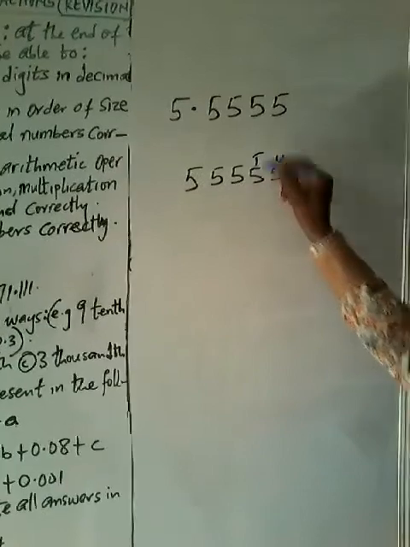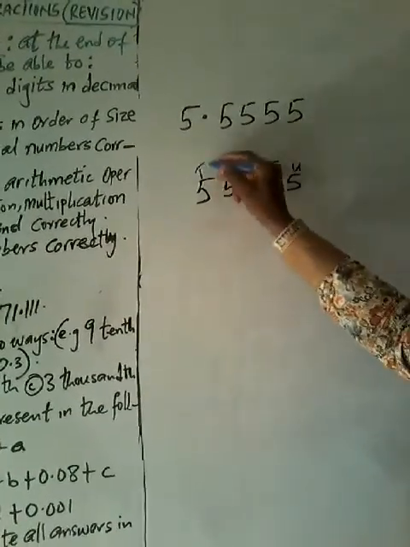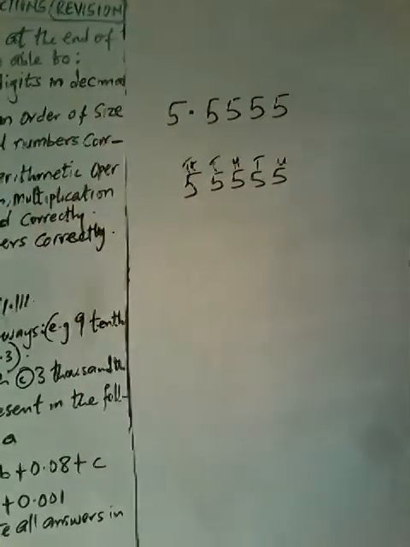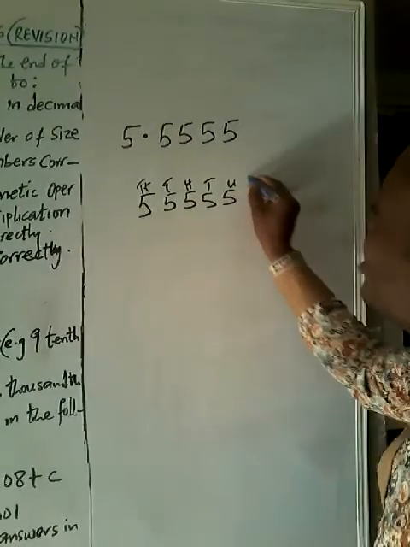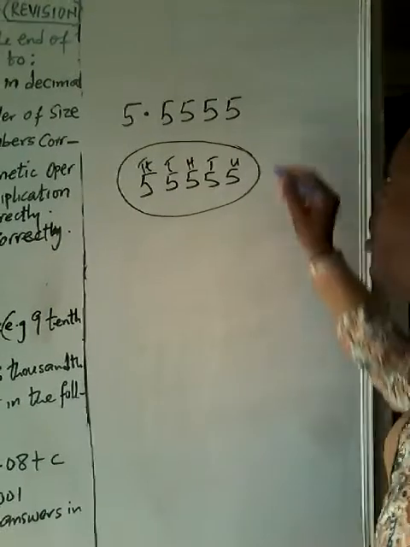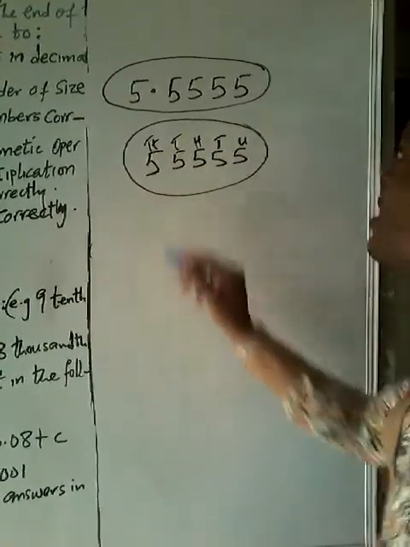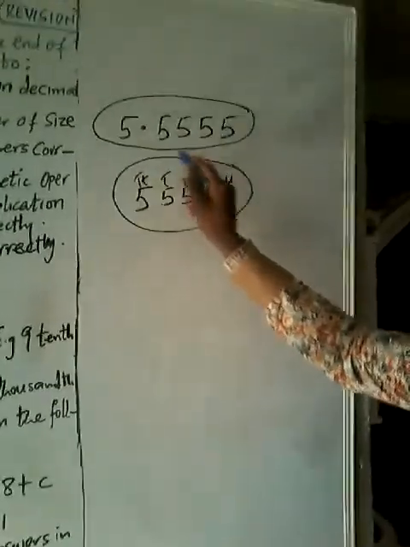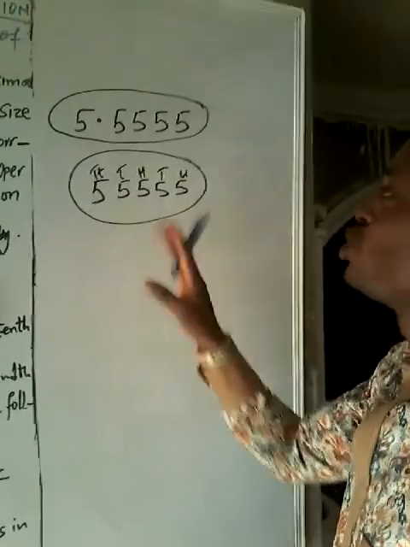You go to tens, hundreds, thousands, ten thousands, and so on, as big as the number may be. Now, this is the normal whole number place value. When you are talking about a decimal number, it is a little different. This number that we have here, 5.5555, has 5 digits.